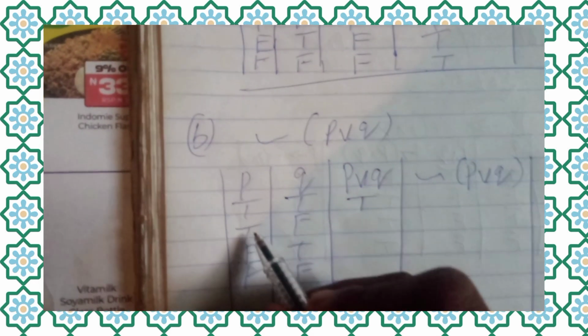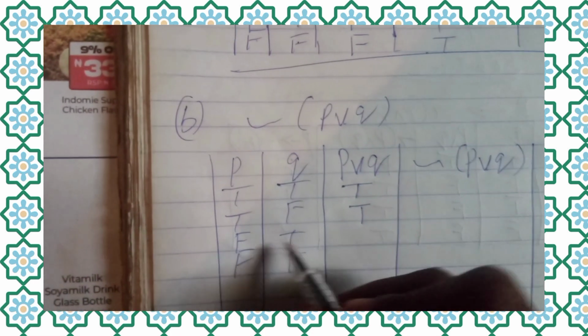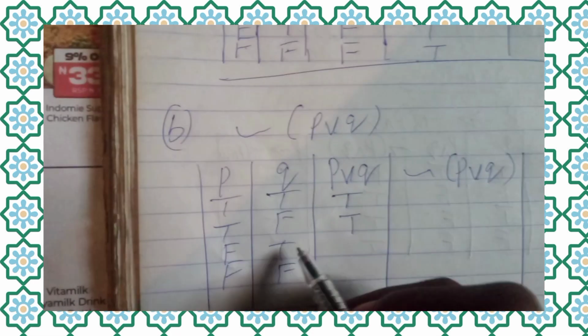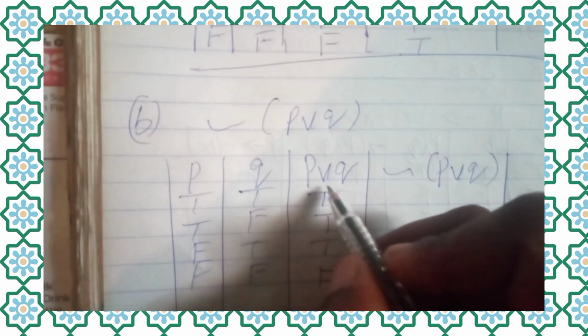So we have truth here, and even though this is false, we have truth here, so it will be true also. Here we have false here, but we have truth here, so because we have truth in one of the columns, it will be true. Here is false, because we do not have truth in any of the columns, so it becomes false. This is what P or Q means.